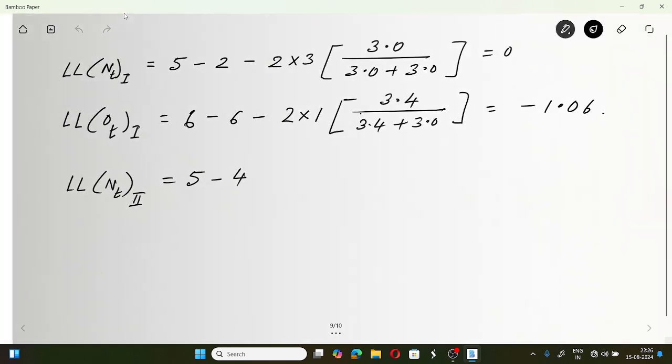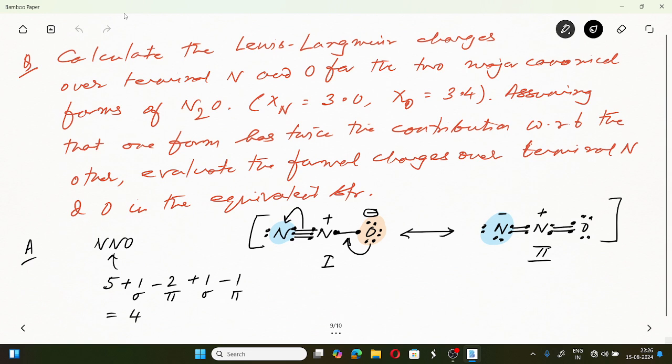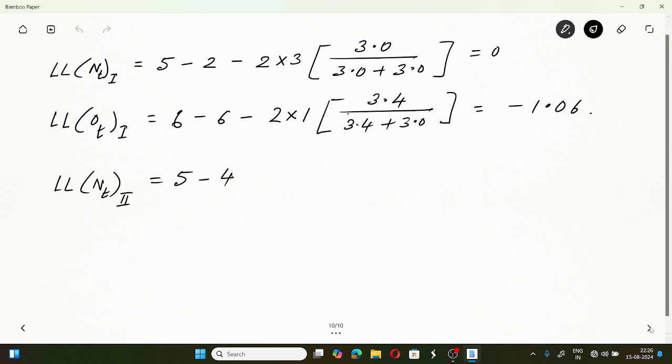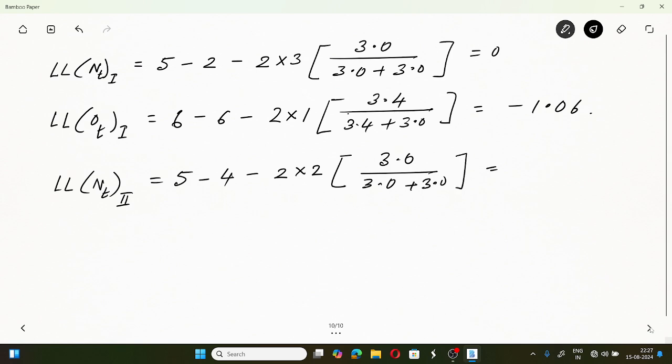It is forming 2 bonds with the adjacent central nitrogen. So minus 2 into 2 because it is forming 2 bonds, times 3.0 divided by 3.0 plus 3.0. So this value, as per my calculation, is minus 1.